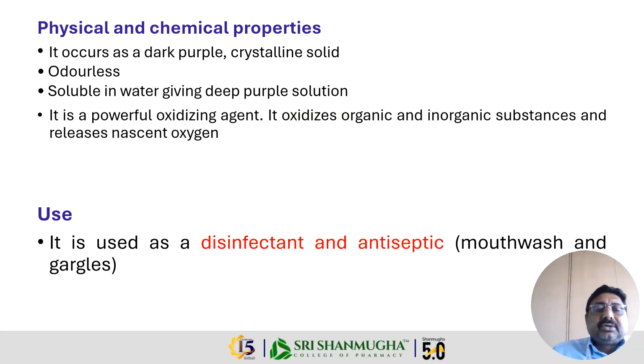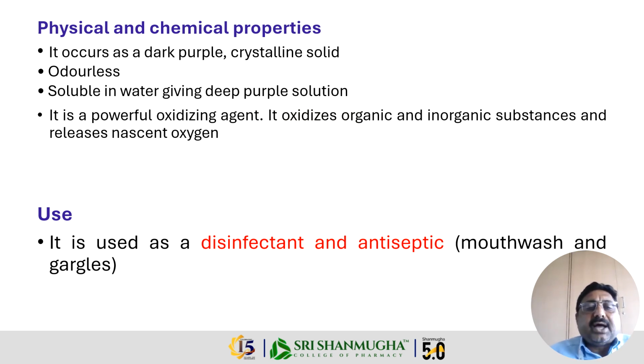For the physicochemical properties, potassium permanganate is a dark purple crystalline solid. It is soluble in water. If it is dissolved in water, you will get a deep purple color solution. You might have seen this in the permanganometric titration.